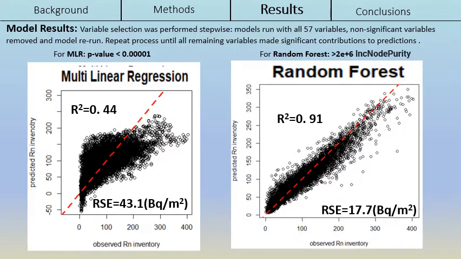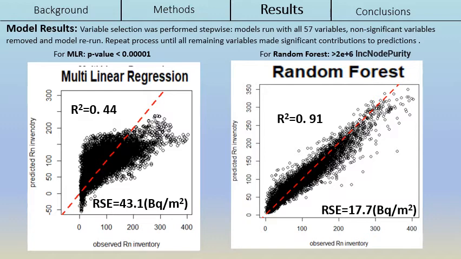These 2 plots show the results of the multilinear regression and random forest models. I've plotted the observed radon inventory on the x-axis and the predicted on the y, with the dotted red line representing 1:1. Both models underwent a certain degree of curation by removing any of the original 57 variables through backward stepwise regression.